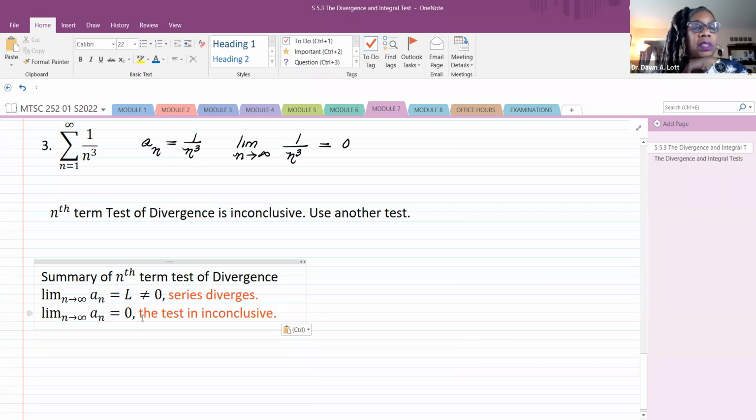If the limit is equal to 0, the test is inconclusive. Use another test. That's important. Okay, any questions about the nth term test of divergence?